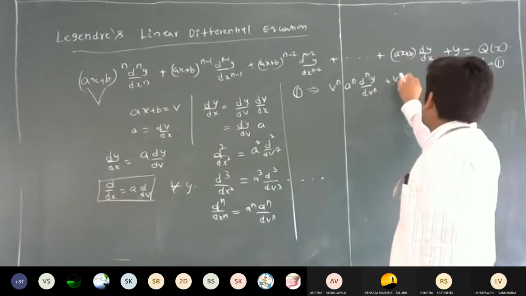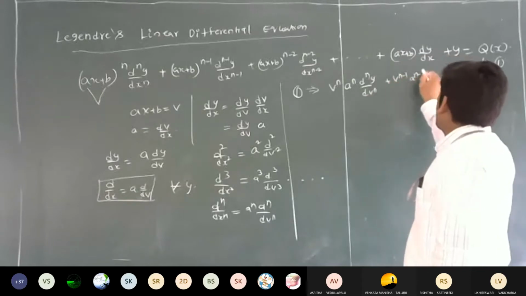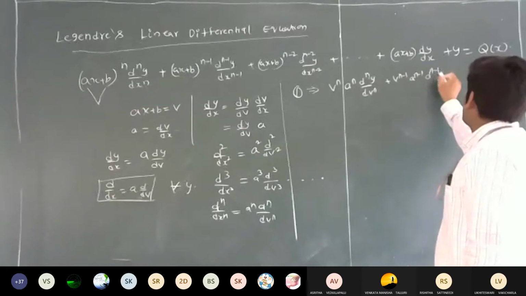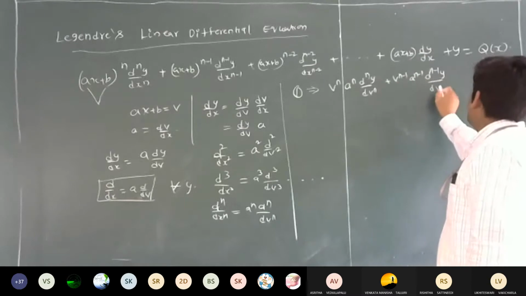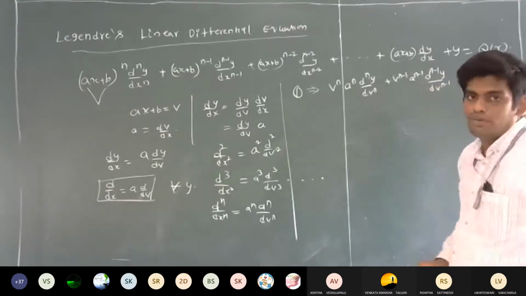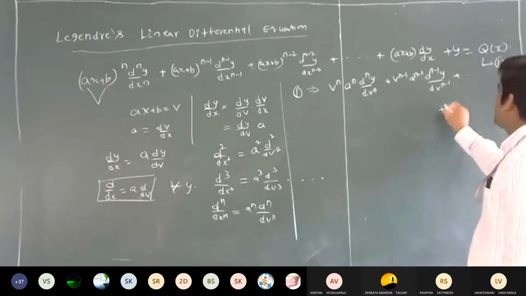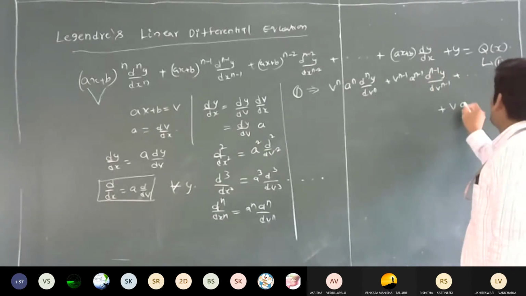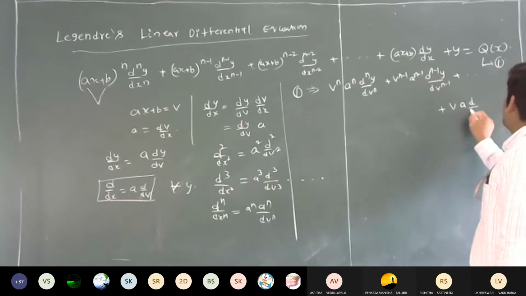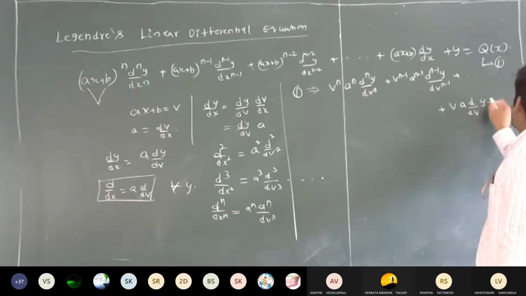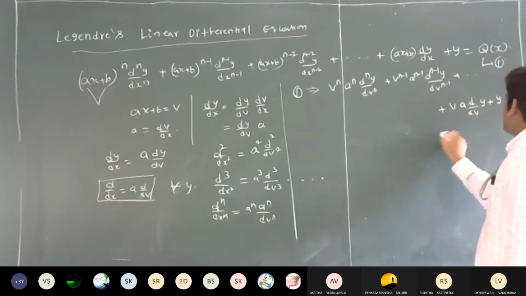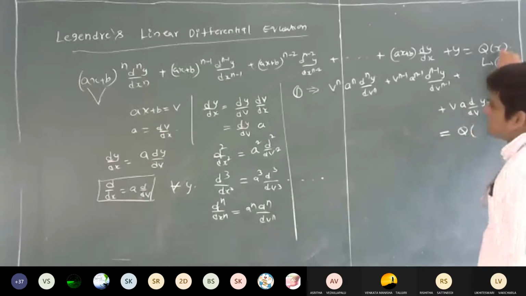Next one, b power n minus 1 into a power n minus 1 into d power n minus 1 y by dv power n minus 1, plus and so on, plus b into a into dy by dv. The last one is v, that is equal to Q of what is x?